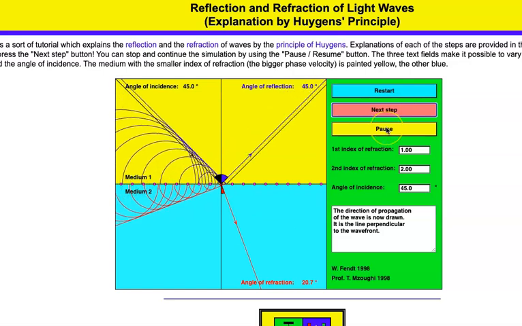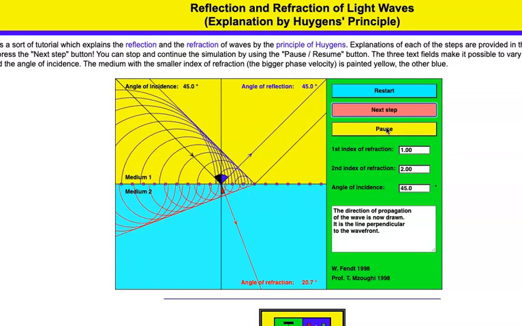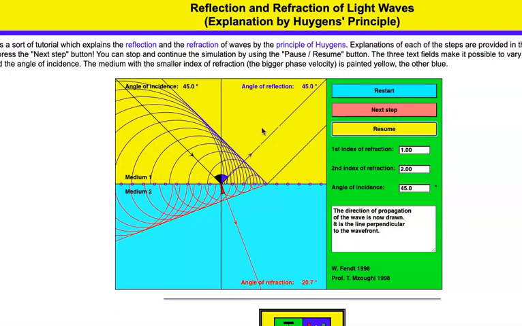So I'm going to pause it at some point in time right about here. And so you can see that this wavefront was coming in, hitting this point, and actually hitting all of these points. And then you can see the reflected wavefront and the refracted wavefront as shown by Huygens' principle from each of the wavelets traveling at the same speed that the light would travel in each medium, and thus creating these new wavefronts that are passing forward.